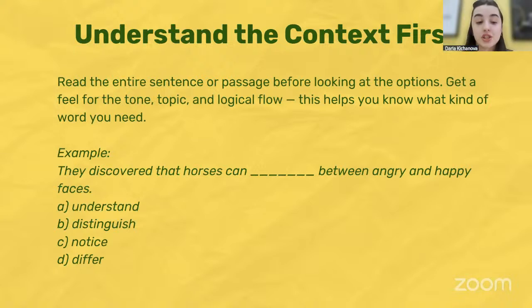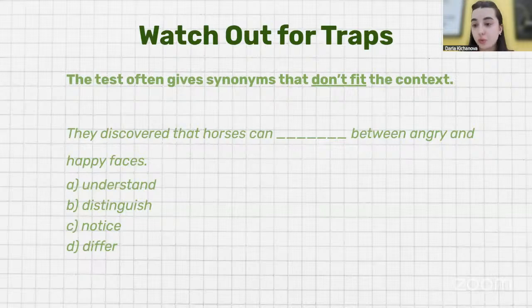Okay, I can see that your answer is B, and that is correct. Now we are moving on to the next tip, and I will explain this answer, why we used it. First of all, as you can see in this task, we had 4 options: understand, distinguish, notice, and differ.